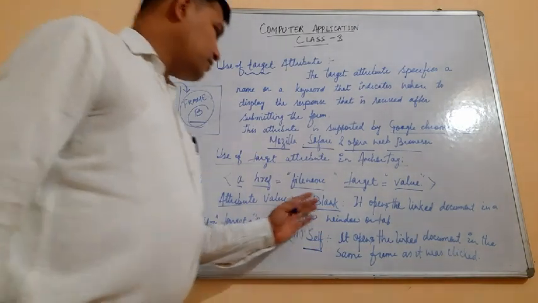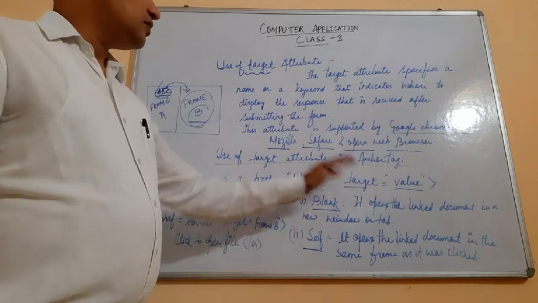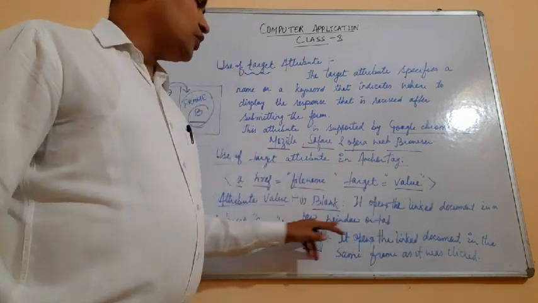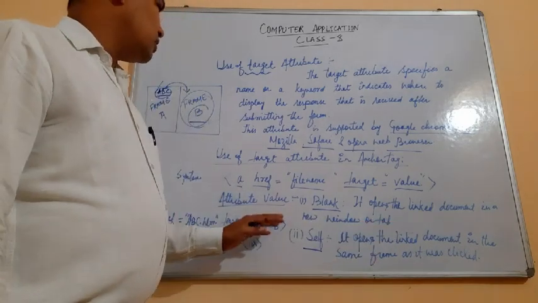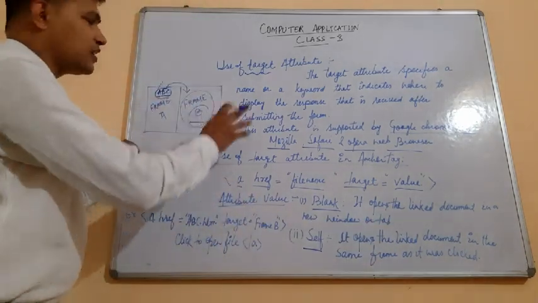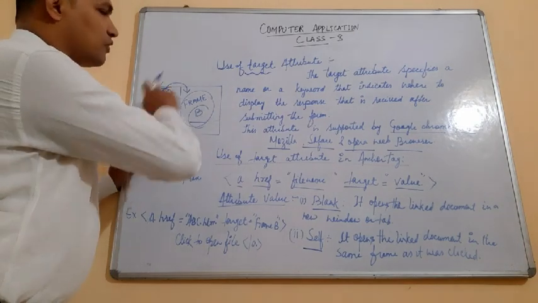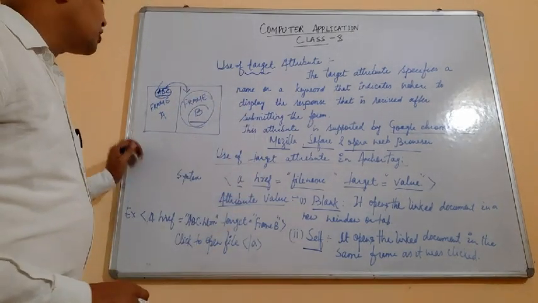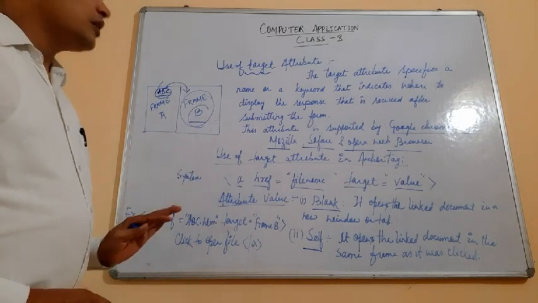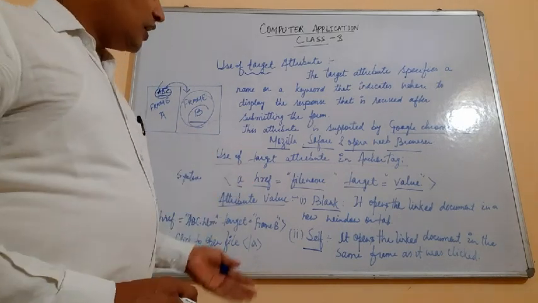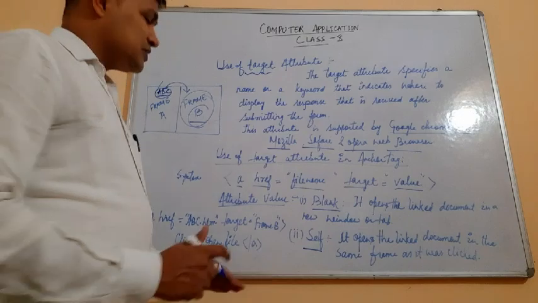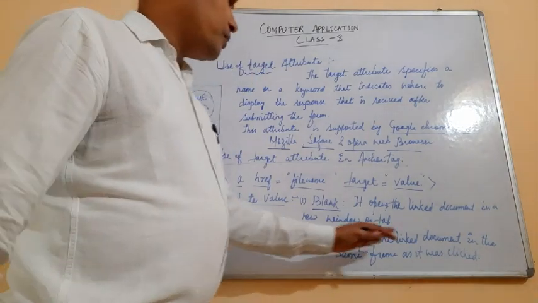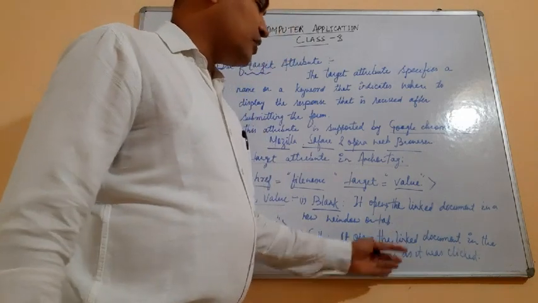If you are assigning the value blank, if your target value is blank, it will open the link document in a new tab or new window. When you click here, you have not defined any target, and you click, and then another web page, another tab will open and display the content of the link page. If you define the value as self, then it will open the link file in the same frame it was clicked.